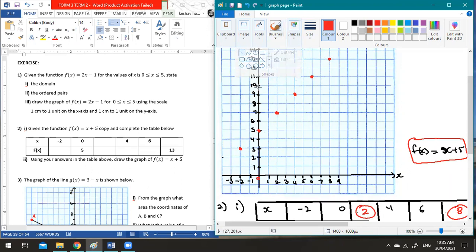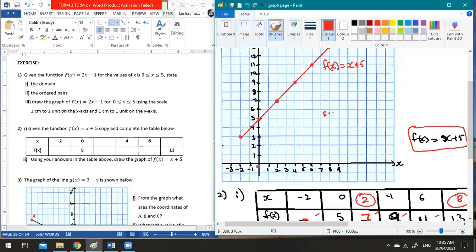And then you draw a line, and you label it: function of x is x plus 5. And somewhere at the bottom of your page, you will write your scale. I don't have space here.